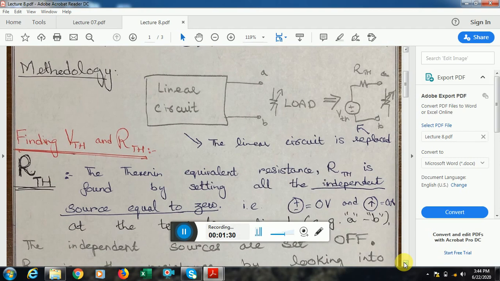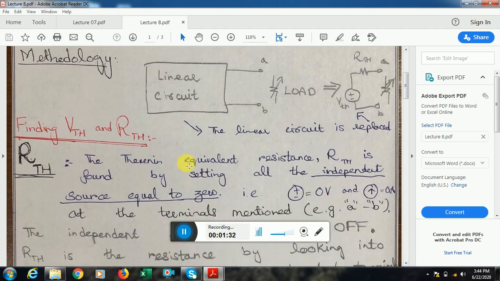So the main thing in this theorem is that you have to find the value of the Thevenin equivalent voltage, which we represent by VTh, and the Thevenin equivalent resistance, which is represented by RTh. RTh is very simple. You just turn off all the independent sources, or you can say you set the independent sources equal to 0.